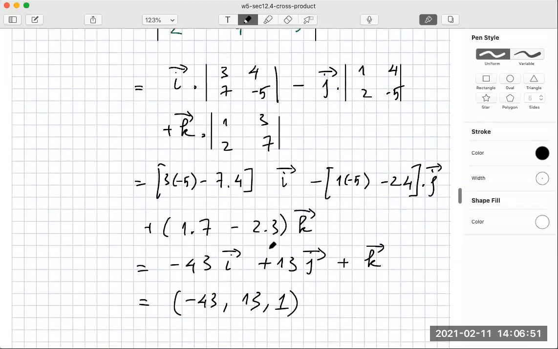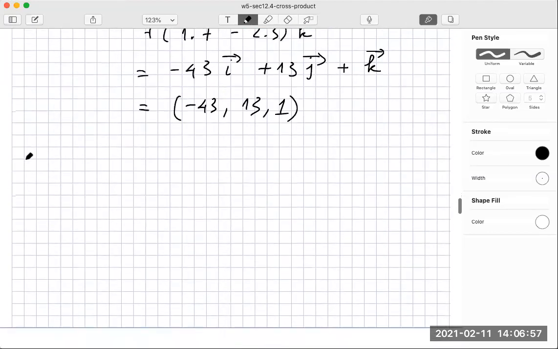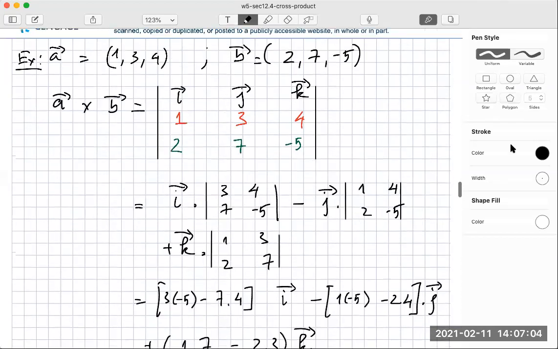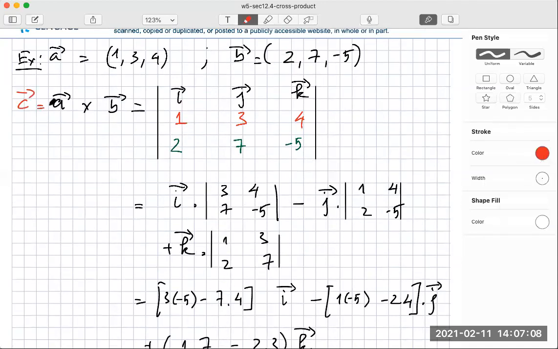And let us compute, this is the vector A cross B, right? And now let us define this one as the vector C. You agree?